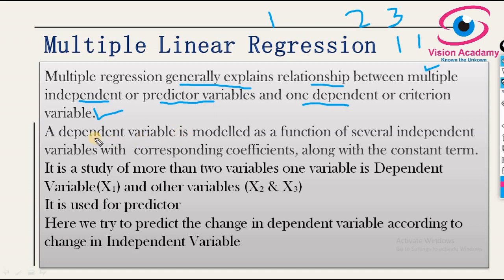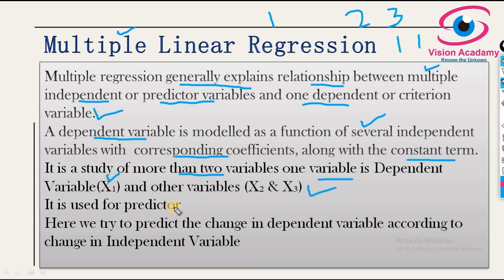That dependent variable is modeled in such a way that it is a function of several independent variables with corresponding coefficients along with a constant term. As I told you, it is a study of more than two variables. That is why we are dealing with it here in multiple linear regression. Here one variable is the dependent variable, that is x1, and the other variables x2, x3 are independent variables.